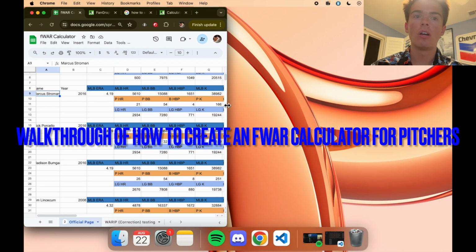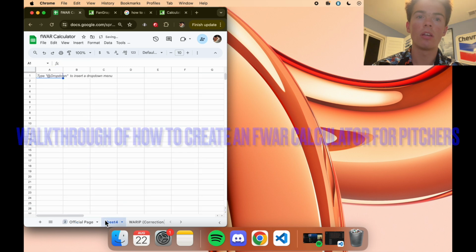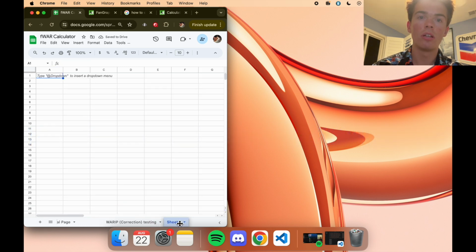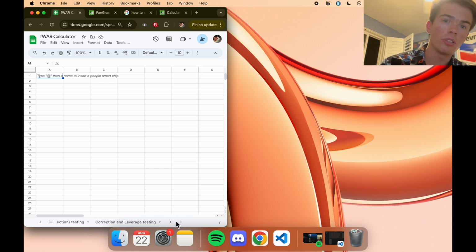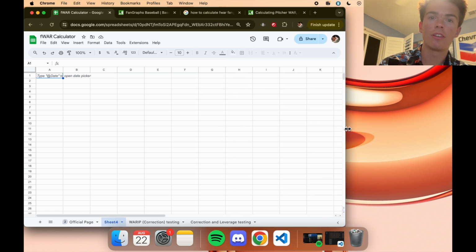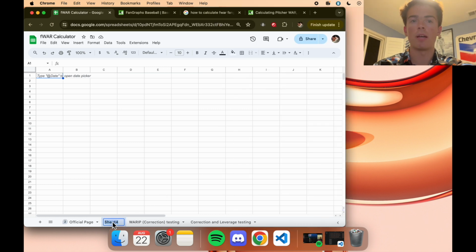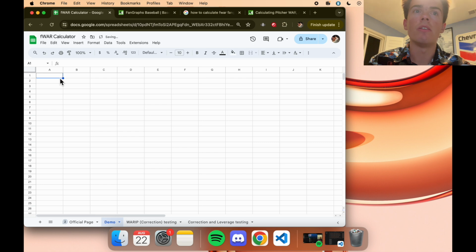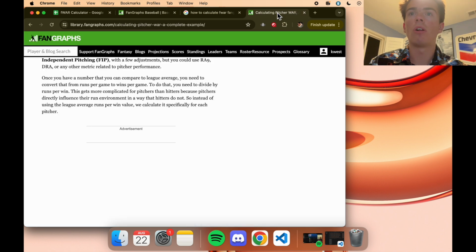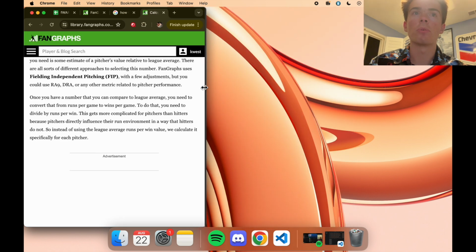So what I'll do is I will make a brand new page here. And I'll call it, oh, I can't see what it's, okay, because my camera's in the way. I'll just call it demo. And we're going to follow along with this fWAR example here.